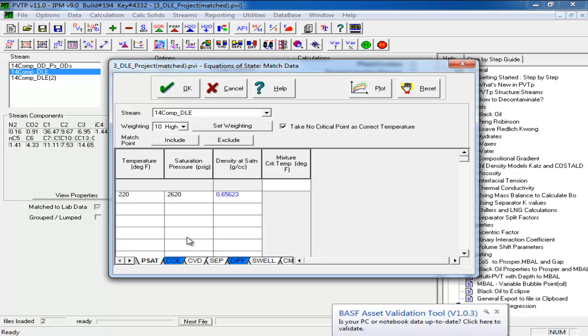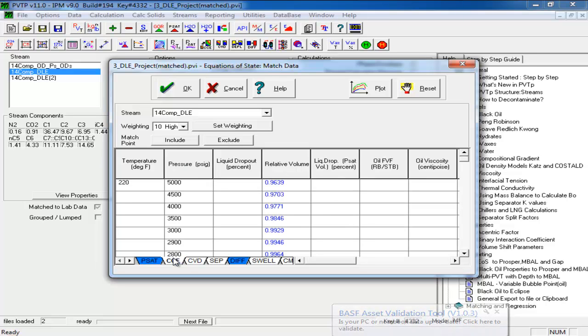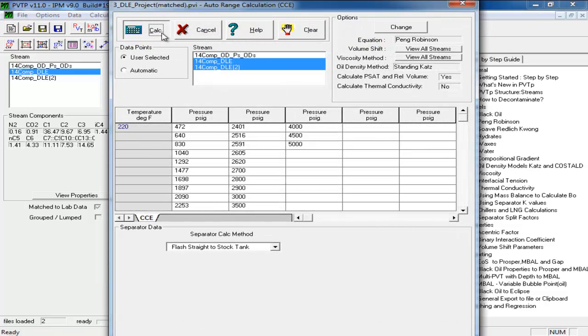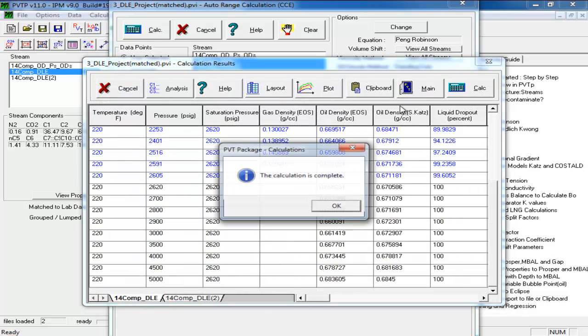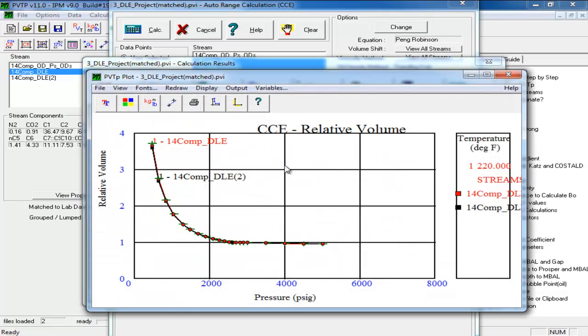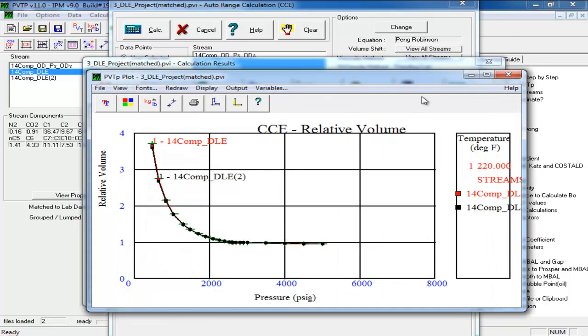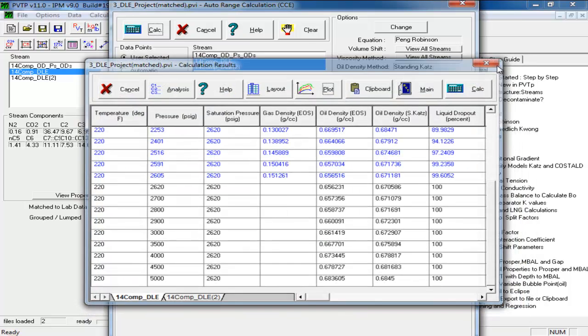So that's why when we go further to this step, we just entered the saturation pressures, stations, and the relative volume. And then we used the equation of state to calculate CCE. We go to CCE, which is this one here, and we say calc, then we say plot.